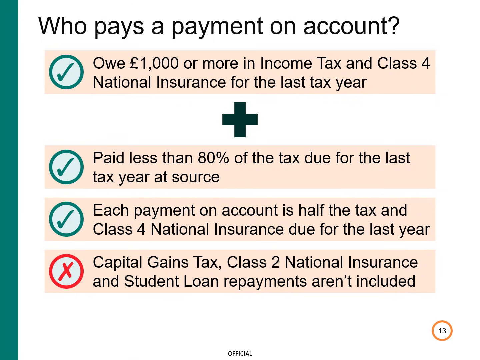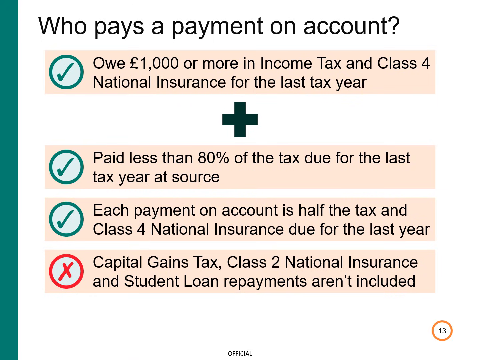If it's less than 80% of the tax due for the previous year and you meet the first condition, payments on account are due. Each payment on account is half the tax and Class 4 national insurance due for the last year. Capital gains tax, Class 2 national insurance and student loan repayments are not included in the calculation.